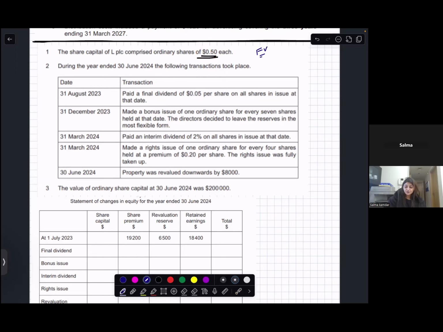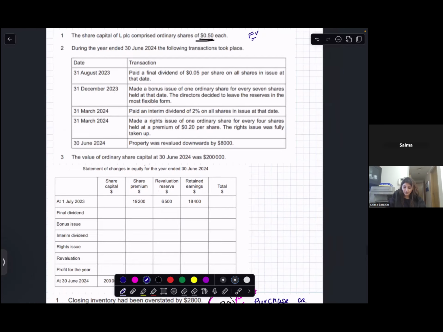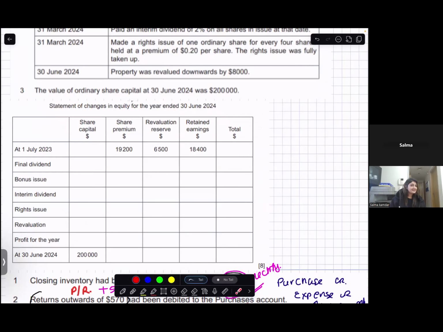I would expect you to do along with me. And a format of SOCE is given to me over here, which is telling me that the closing balance is how much?